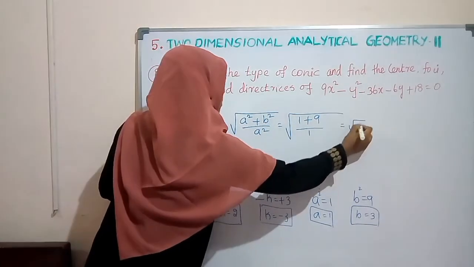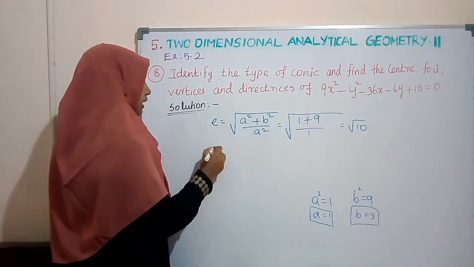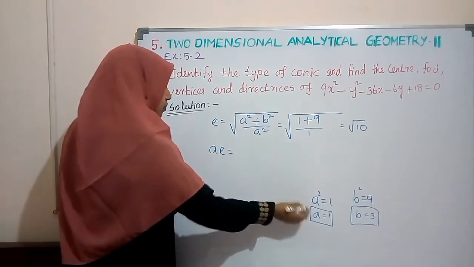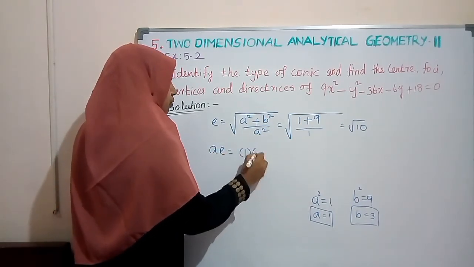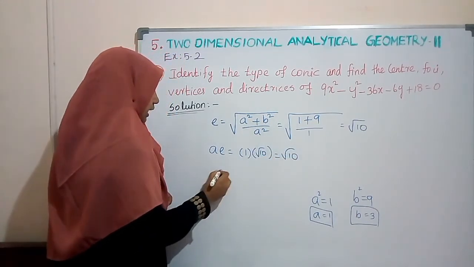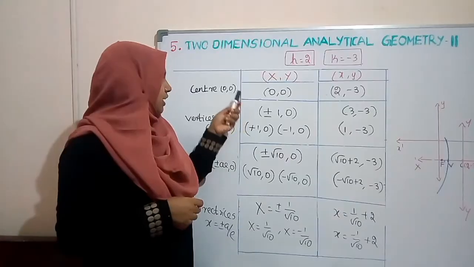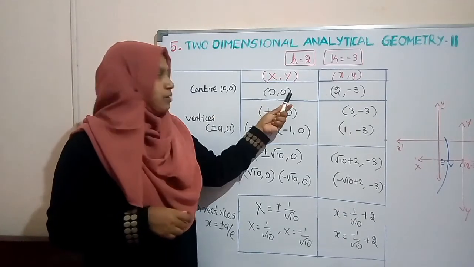So the answer is square root of 10. Also you can write the ae value. a is 1, so 1 into root 10. So once again we are getting root 10 for ae, and a by e is nothing but 1 by root 10. Here I have written the center as 0, 0.